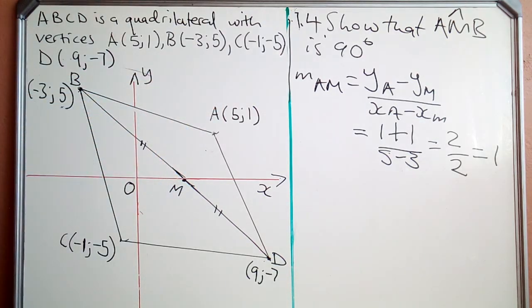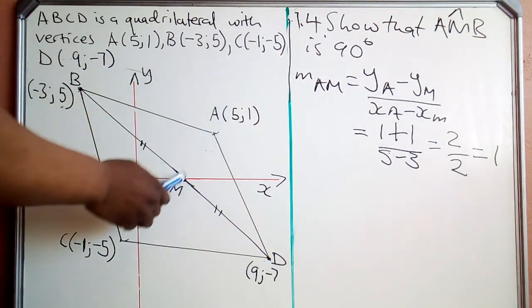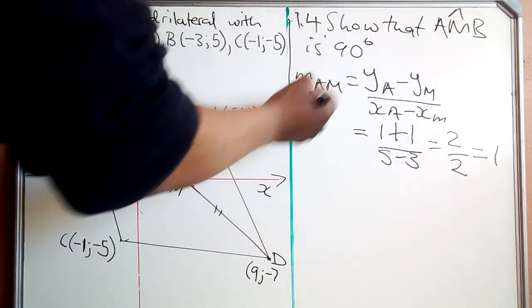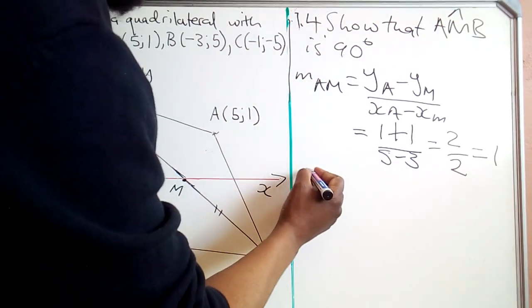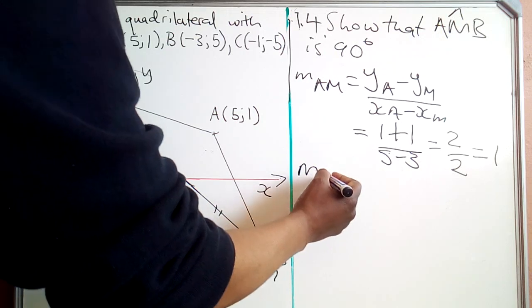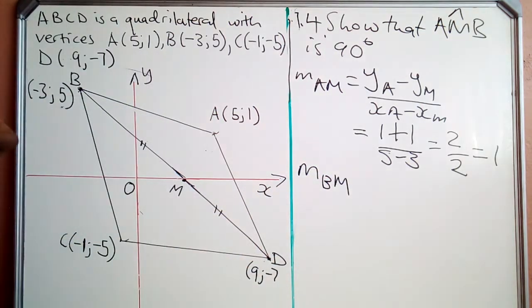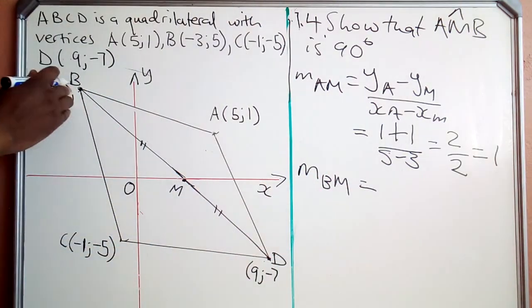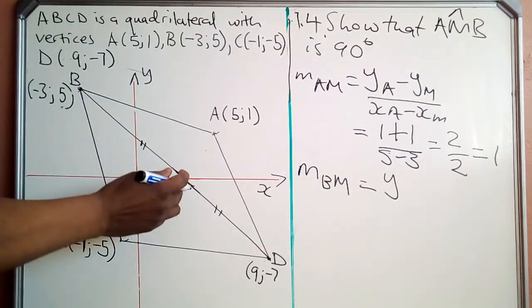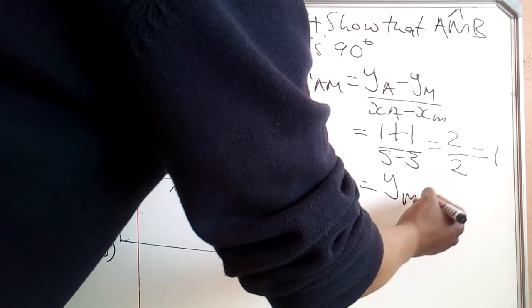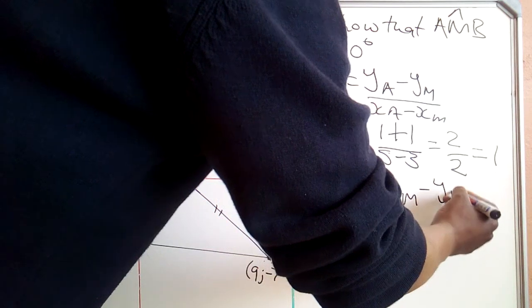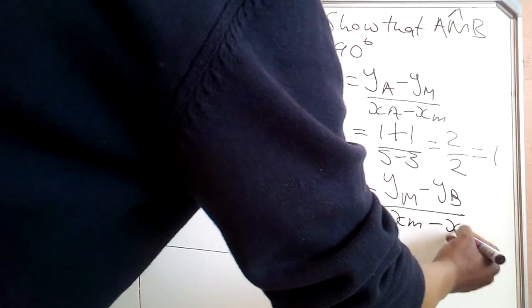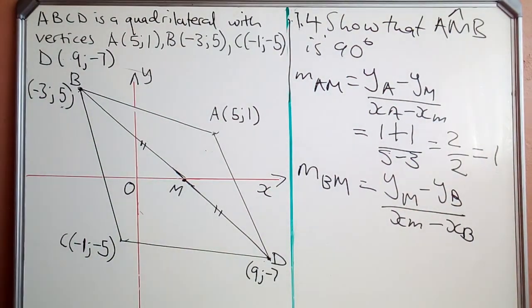Now, for us to prove that the two lines meet at a right angle, that they are perpendicular to each other, we also need to find the gradient of BM or MB. Again, y_M minus y_B divided by x_M minus x_B. Let us substitute.